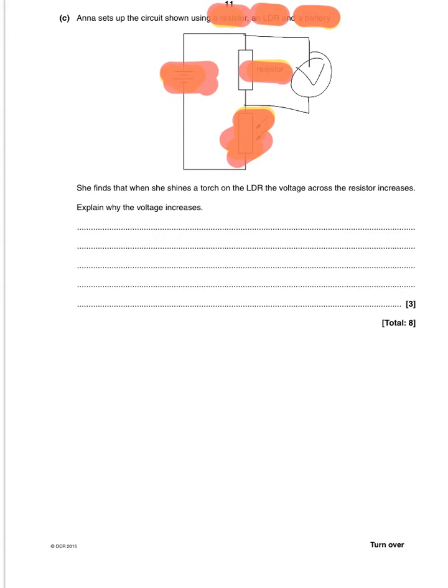And so this question is probably targeted at high grade. So what you'd probably start with is the effect light has on the LDR. So we'd start with light on the LDR. What effect does that have on it? And then we'd try and build it from there.